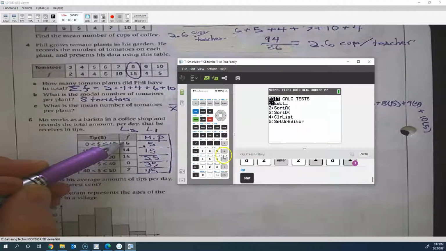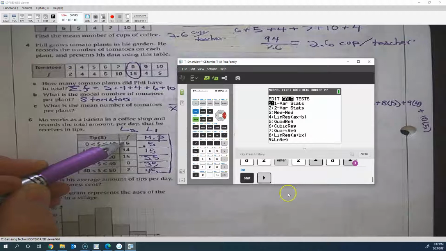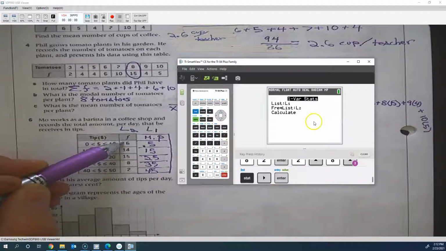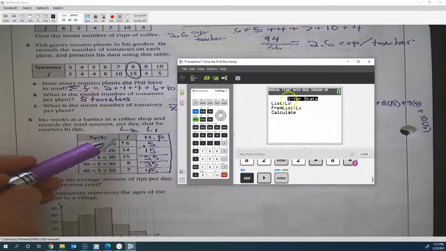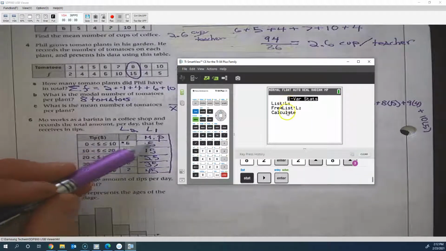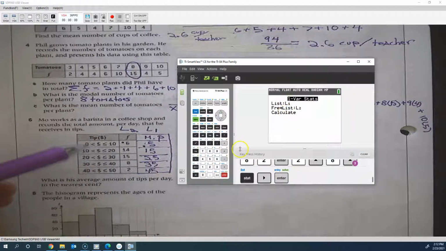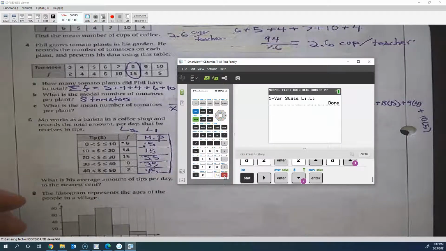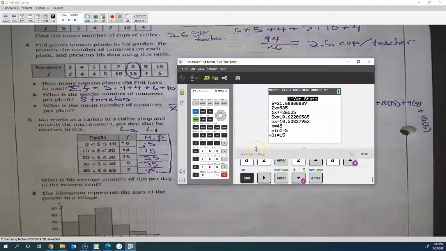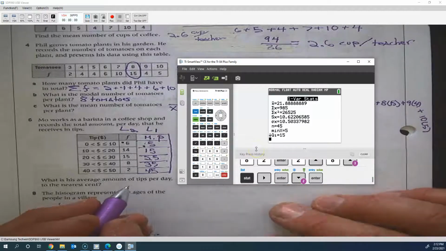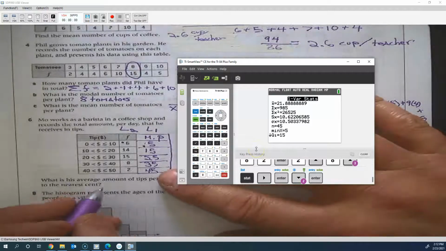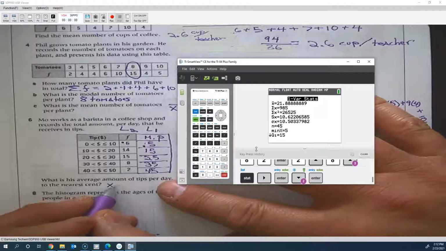Stat, calc, 1 variable statistics. And it's already got my numbers. List 1 is my midpoints. List 2 are my frequencies. Okay, so my average is going to be 21.89 cents.